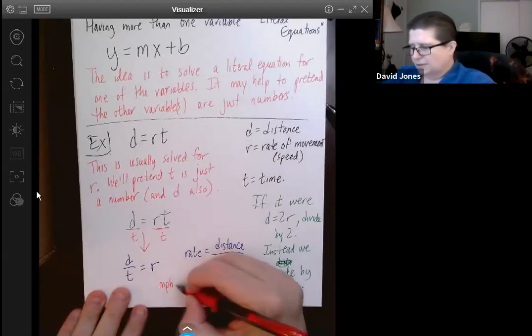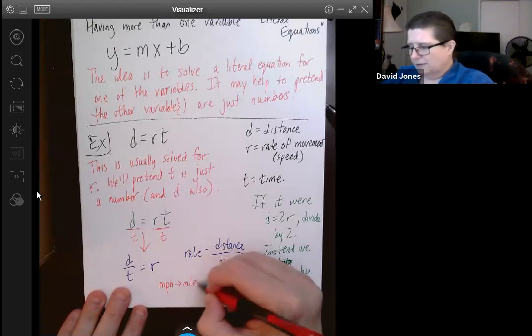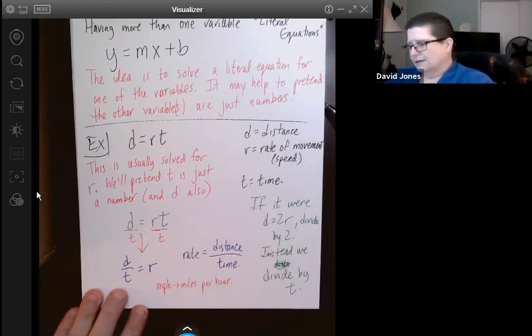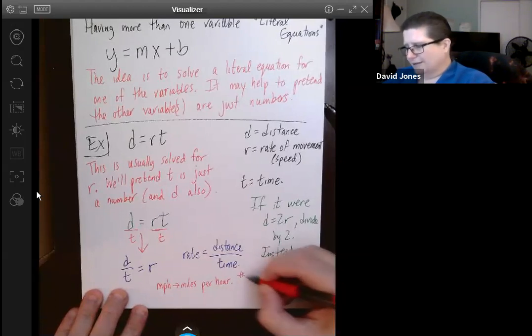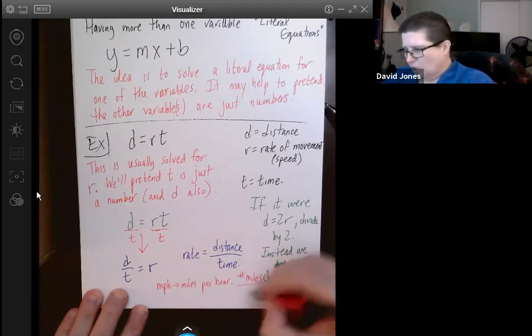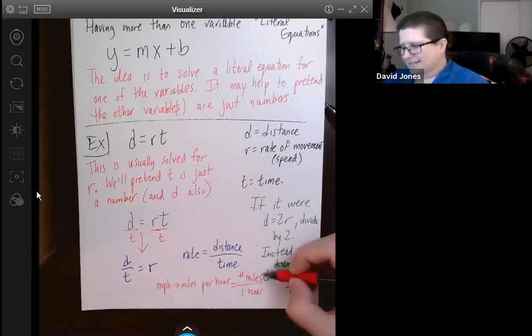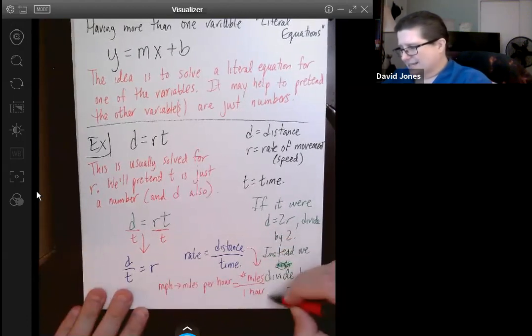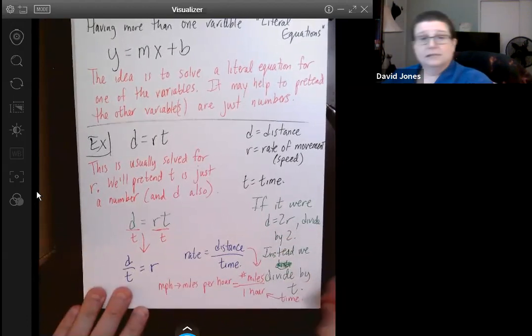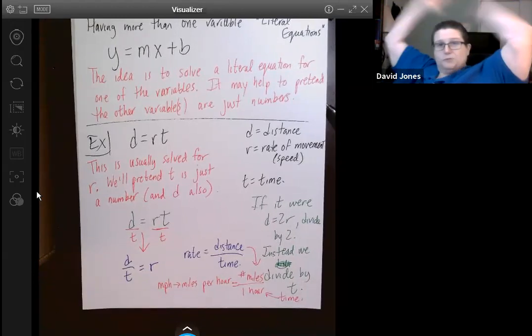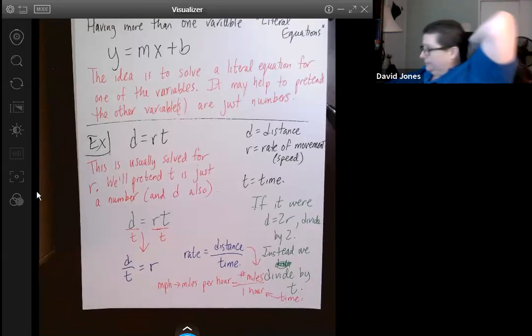MPH, miles per hour, is the number of miles over 1 hour. Miles is a distance. That's a time increment. Distance over time. And the rate is your speed. How fast are you going?